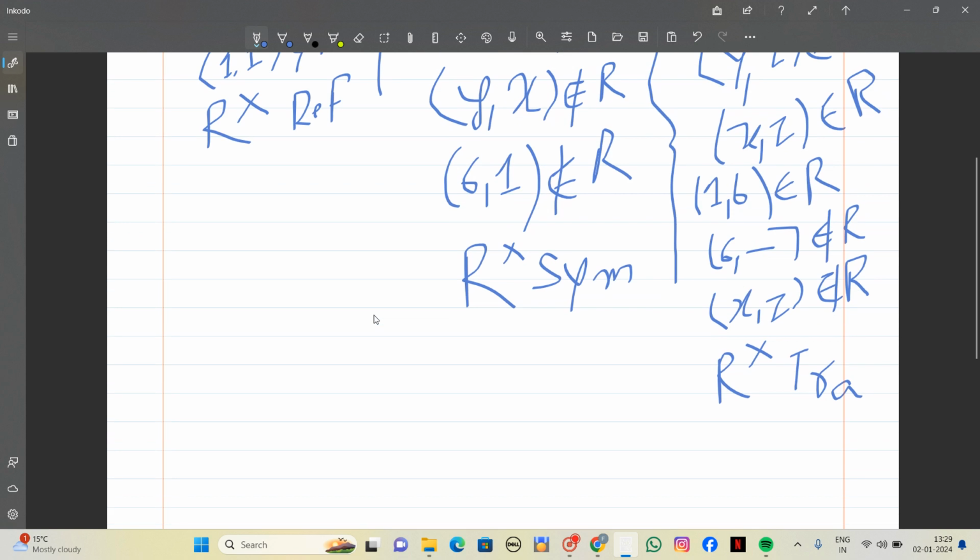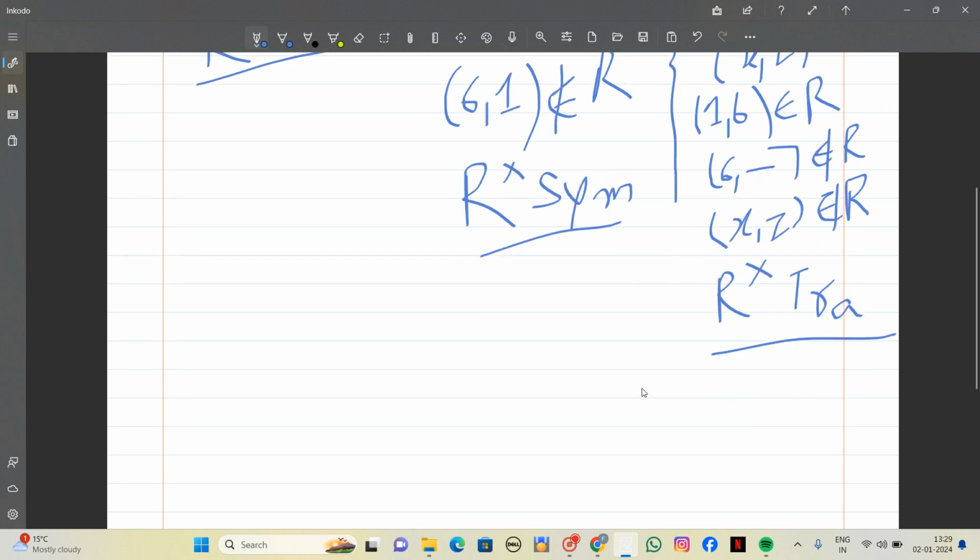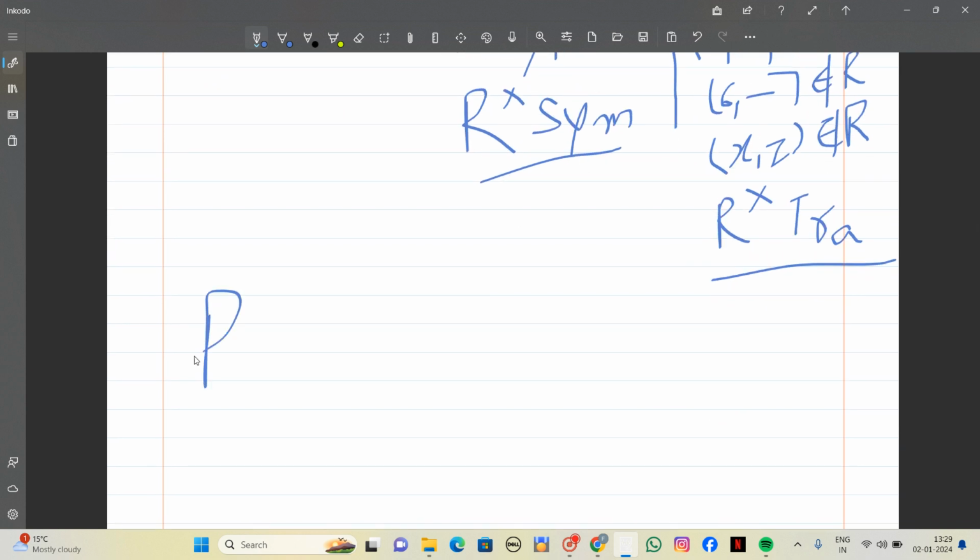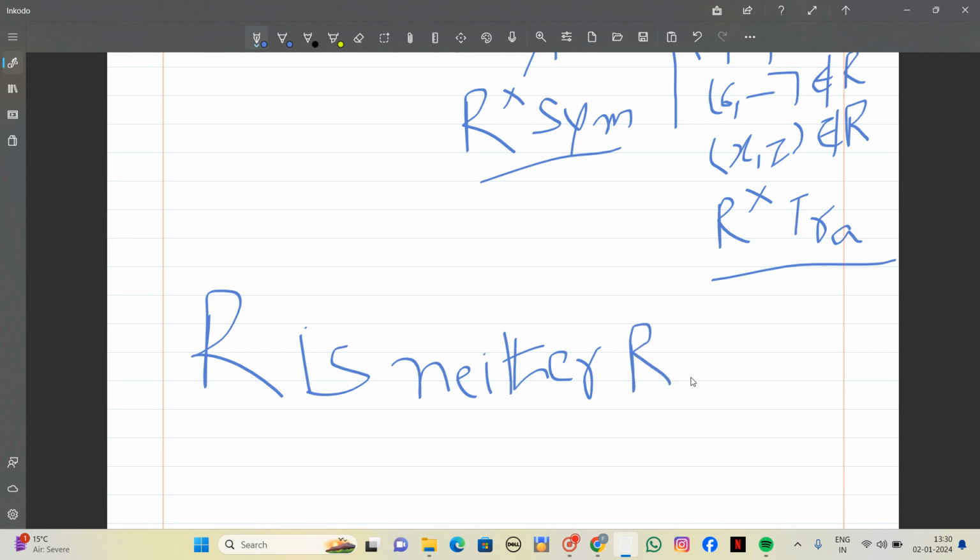So hence we see that for reflexive, symmetric and transitive, the relation R is neither reflexive, nor symmetric, nor transitive.